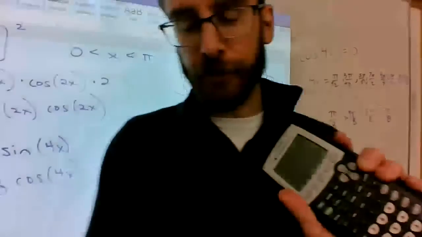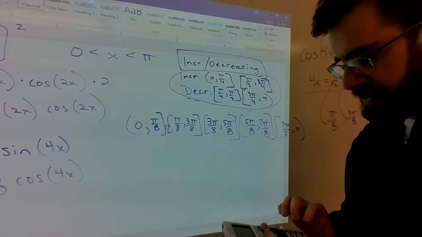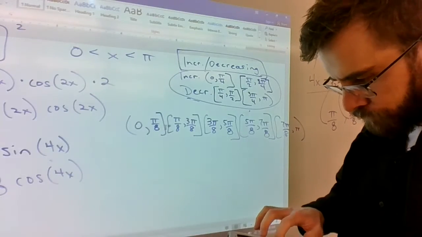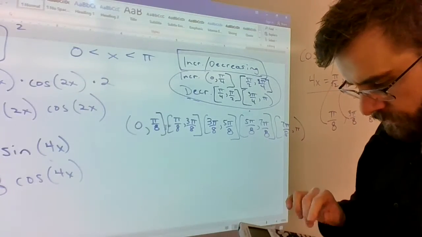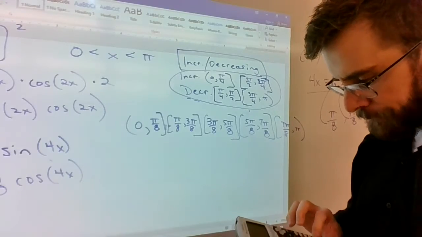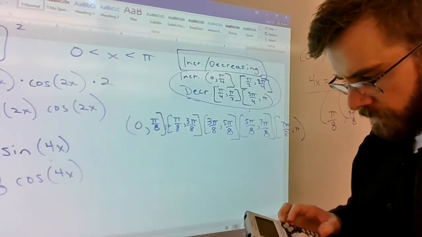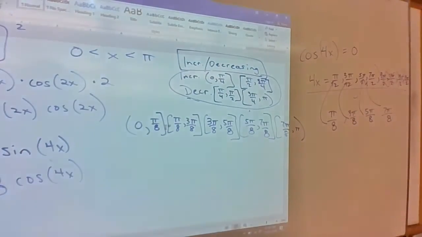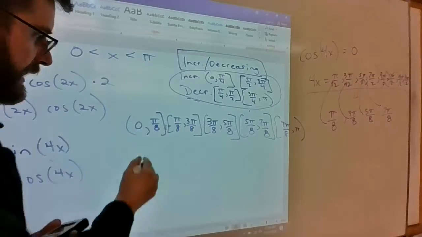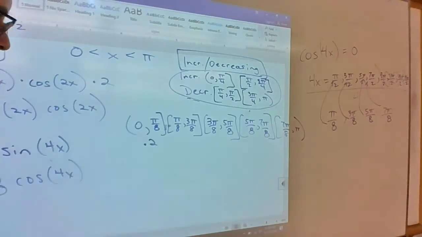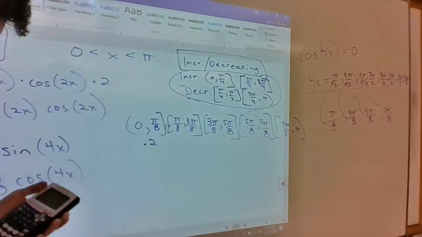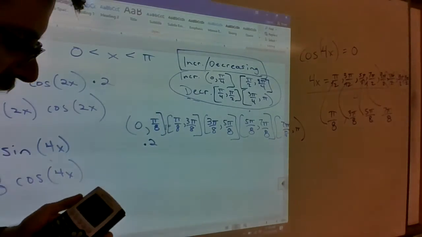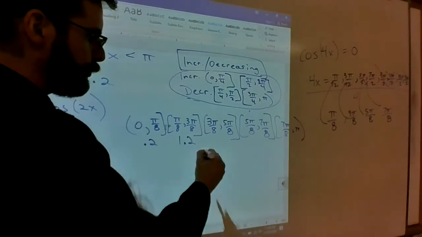So I'll show you guys the alternate strategy. The alternate strategy is to say, okay, what is pi divided by 8? Pi divided by 8 is the same as 0.39 radians. So if I put like 0.2 radians, that's fine. 3 pi over 8 is 1.178 radians, so I'm going to put 1.2 radians in there.